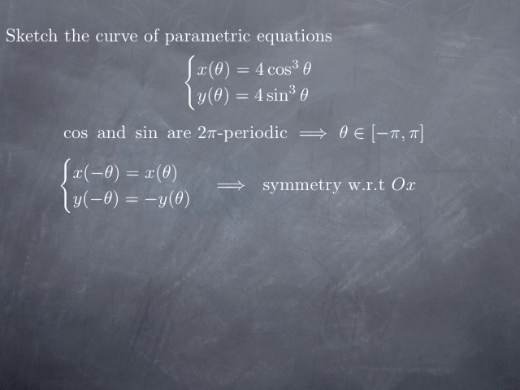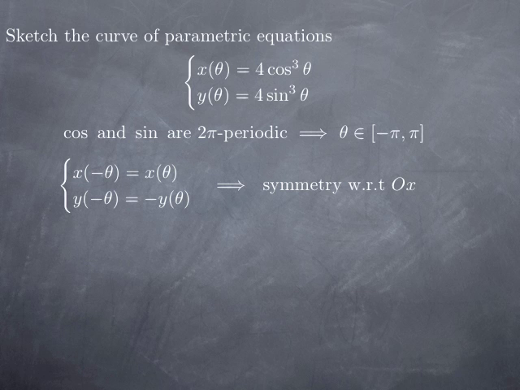A second observation is that if we plug the opposite of the angle theta inside x and y, then because the cosine of an angle is the same as the cosine of the opposite of the angle, x is the same, whereas the sine of an angle is the opposite of the sine of negative that angle, and therefore y of negative theta is negative y of theta.